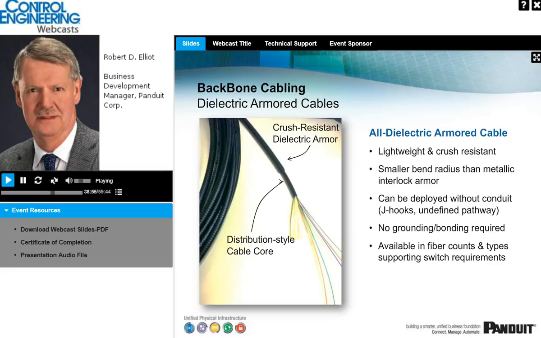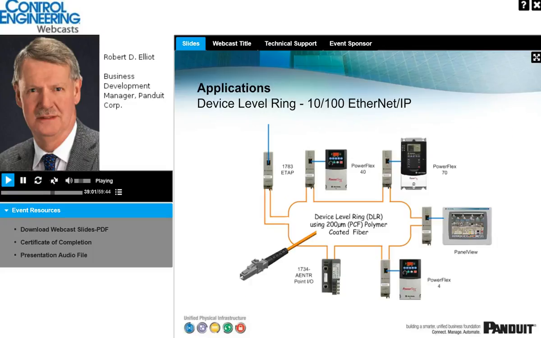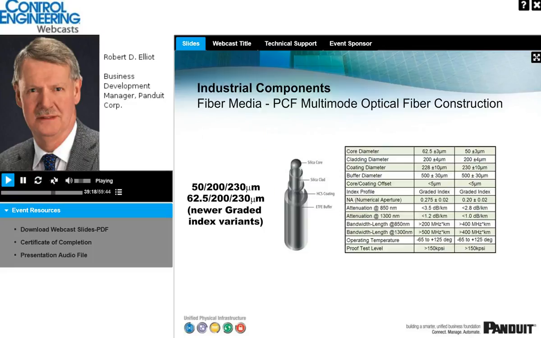So it can be used with J-hooks and a relatively undefined pathway. A typical application for the fiber that we've seen near the shop floor is a device level ring, for example, that's used again to promote resilient Ethernet networks.